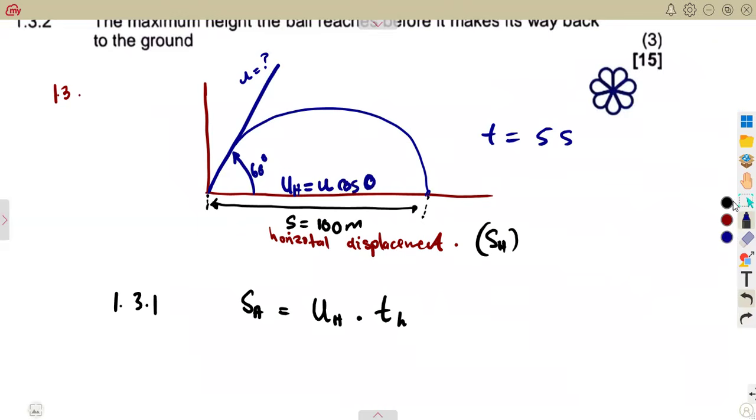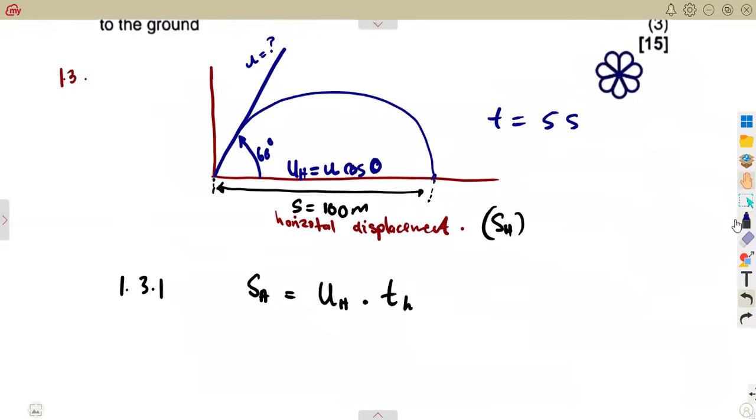So meaning to say, there is something to do with the U that we want, because the question is to calculate the initial velocity. It is inside this UH, so you're going to take out that U. In place of this UH, let's substitute its equivalent: U cos theta times the time.